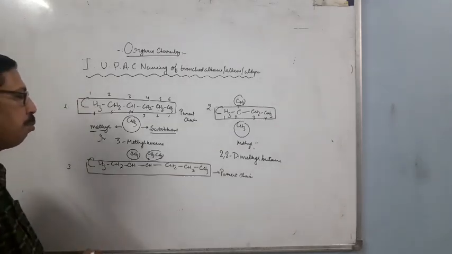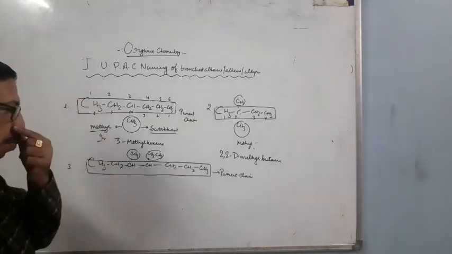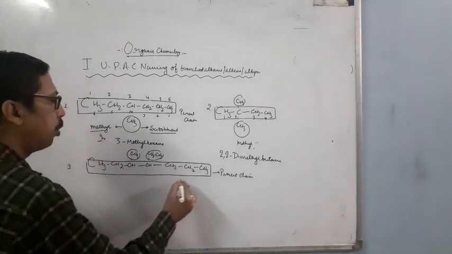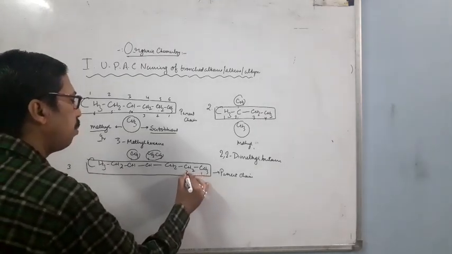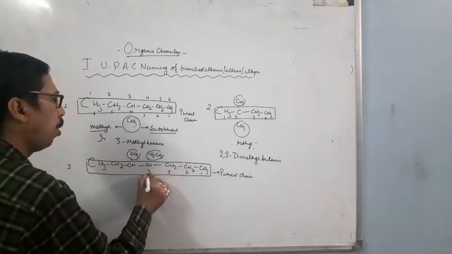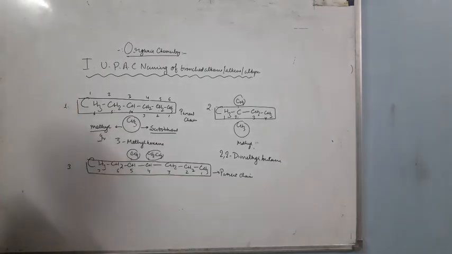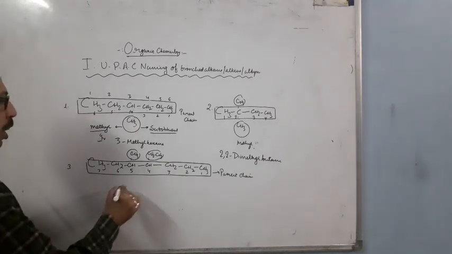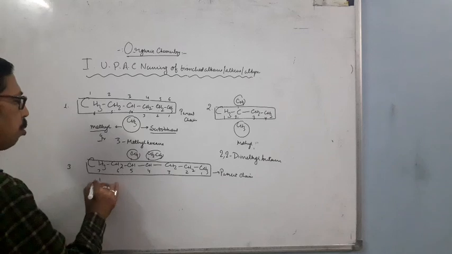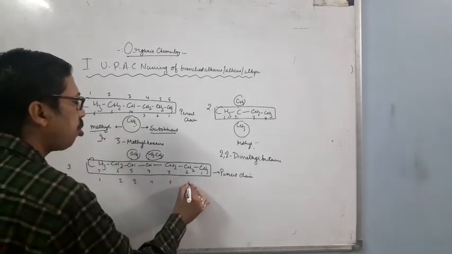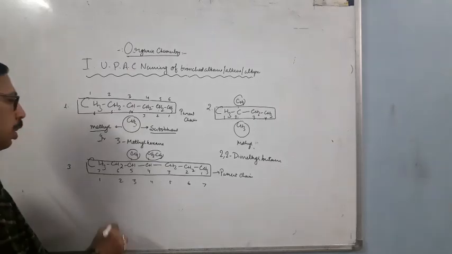So again we have to number the parent chain. We can number like this, and this can be numbered like this also: 1, 2, 3, 4, 5, 6 and 7.